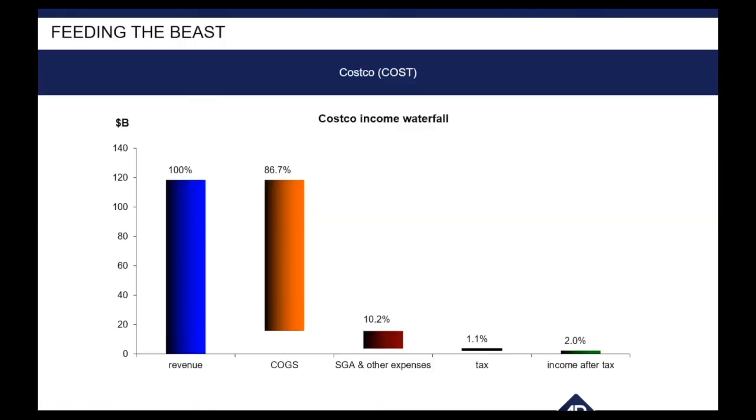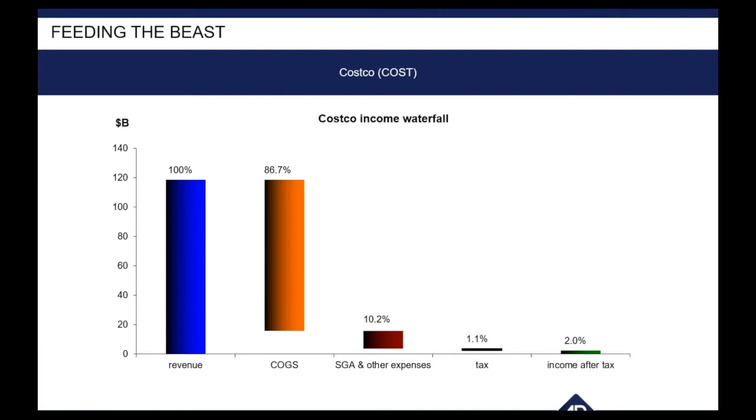So let's talk about the first one. Again, I like to use an example, and I'm going to take Costco as the first of the two examples. I call this feeding the beast because what I'm showing here is the income statement portrayed as a waterfall. As we move from the left to the right, we go from a revenue or top line, and then we see how it splits into all its components.